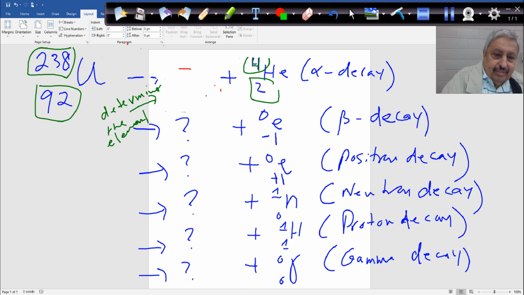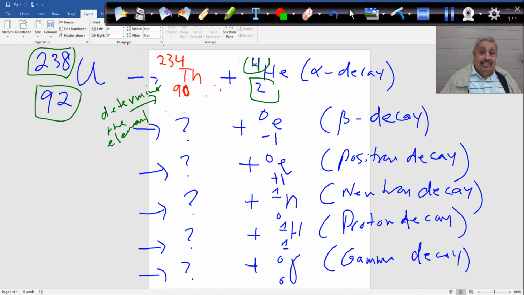This is Th 234, where 234 is the atomic mass number and 90 is the atomic number. It goes by the atomic number that I can know what the element really is.